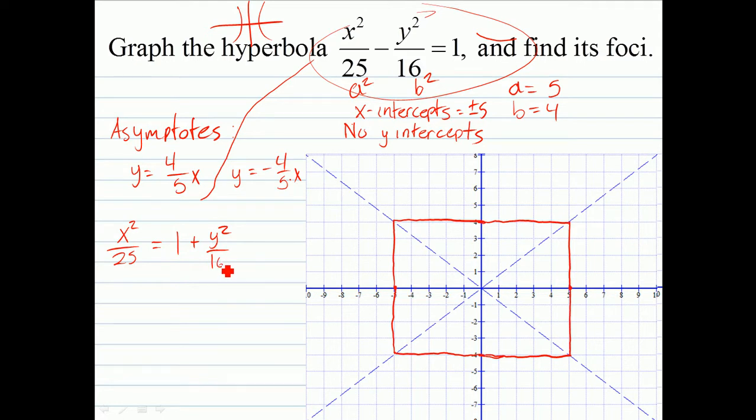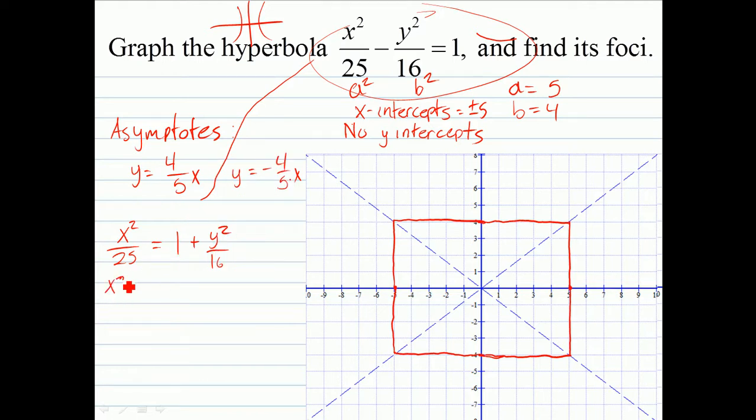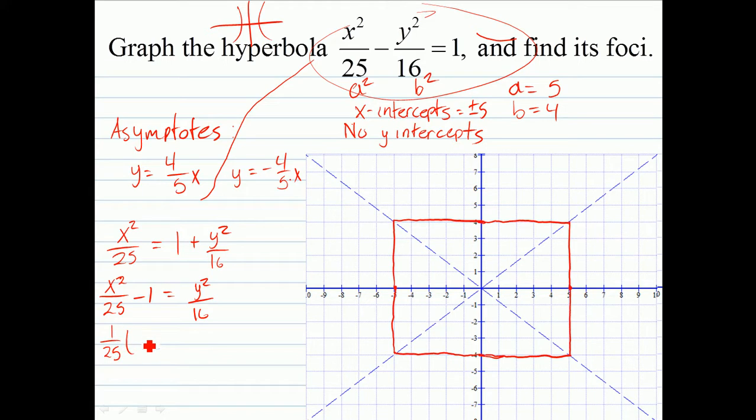Then from there, I'm going to take the 1 to the other side, and that's going to give me x squared over 25 minus 1 equals y squared over 16. Then if I factor out a 1/25th, what's left inside is x squared minus 25, and that's going to equal y squared over 16.